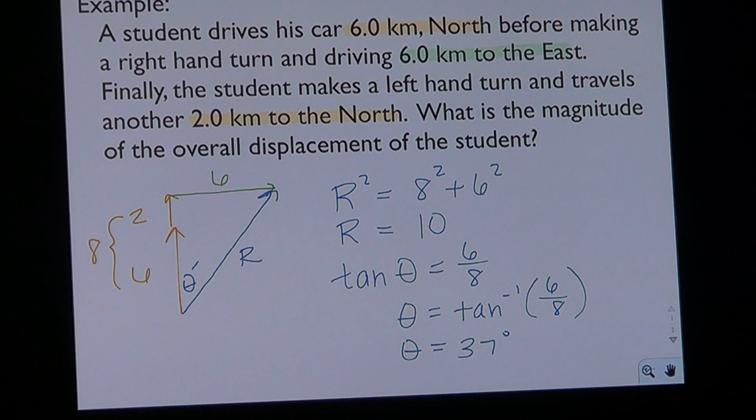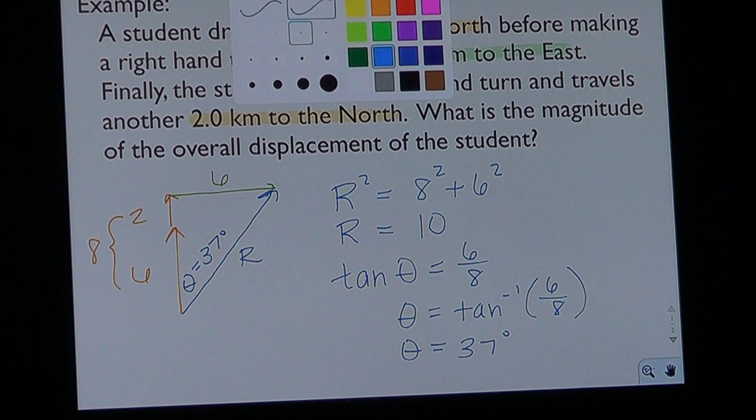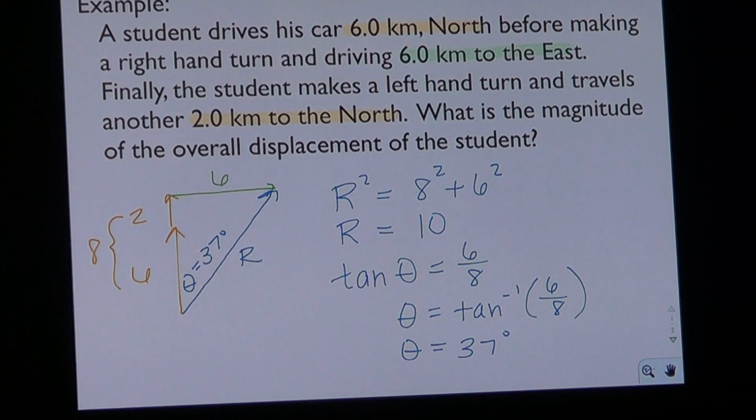And then we do need to figure out what that would be CCW. Do you add it to 90? It does form with the 90, but in this case, we are going to subtract it. So it'd be 90 minus 37, 53. So 53 CCW.